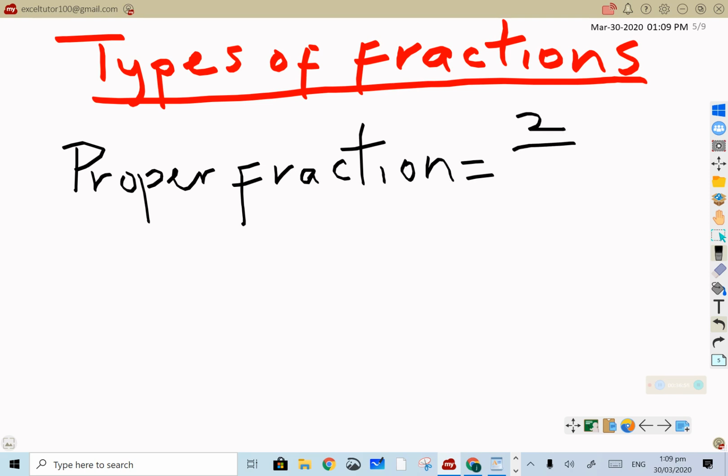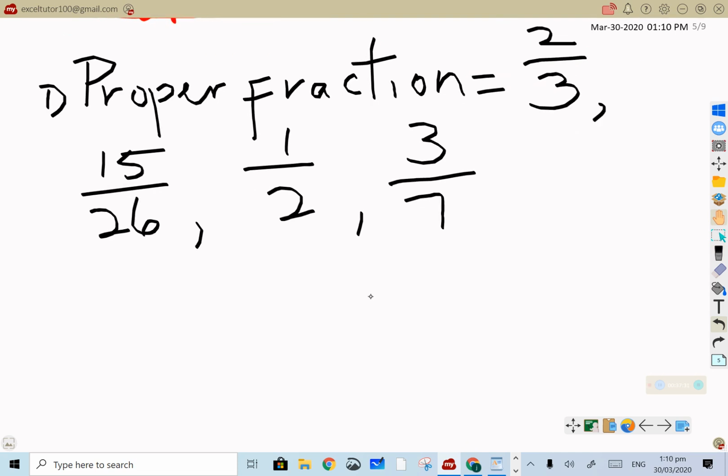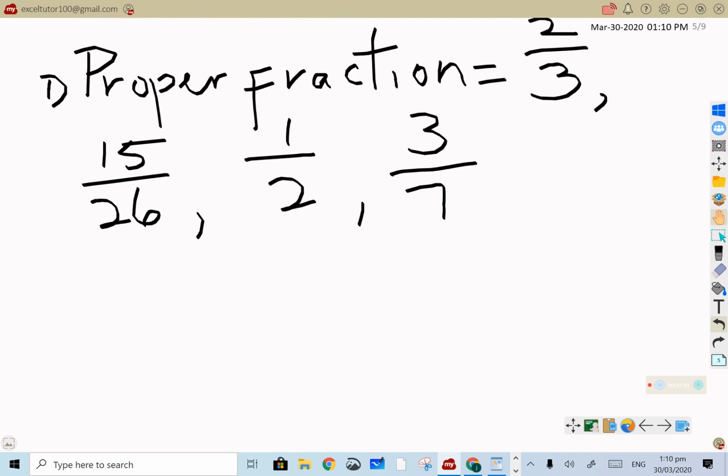So 2/3 would be a proper fraction. Okay. Other examples can be 15/26, 1/2, 3/7. All of those are proper fractions. Again, the numerator is smaller than the denominator.